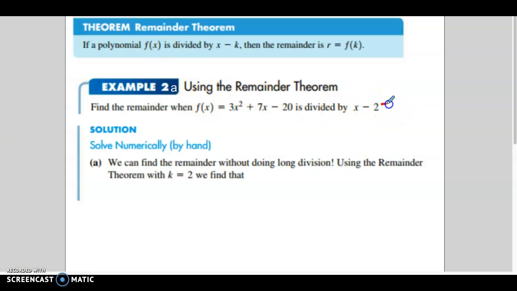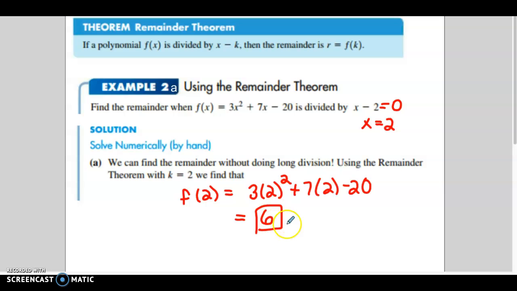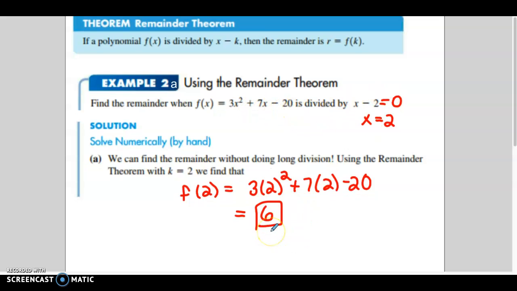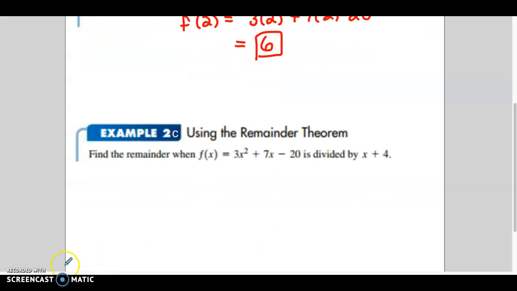So we're going to take this divisor and we're going to solve for it. So if x equals 2, we're going to plug 2 into the function, and we are going to get 6. So that means when we take 3x squared plus 7x minus 20 and divide it by x minus 2, we get a remainder of 6.